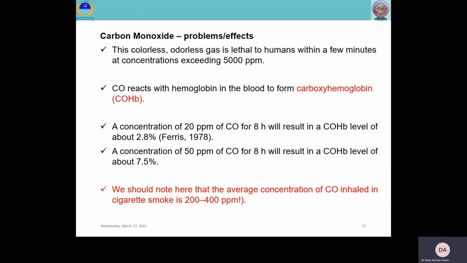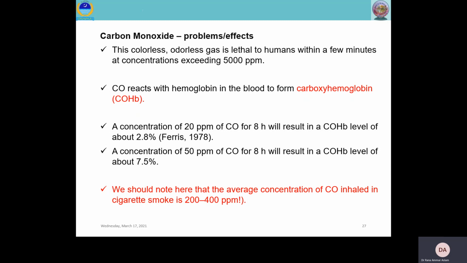When the carboxyhemoglobin concentration level rises to 5 to 10%, it affects visual perception, and mental ability and ability to learn are also impaired.